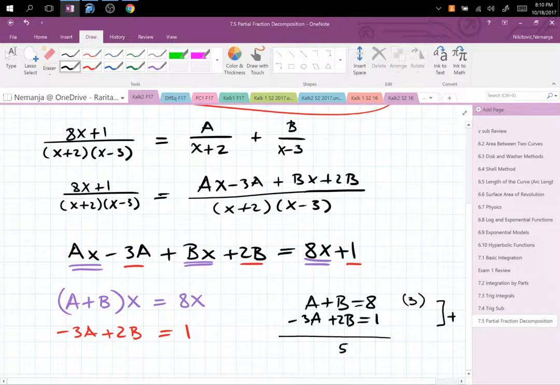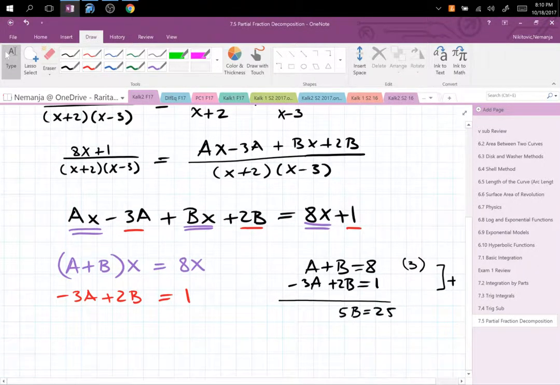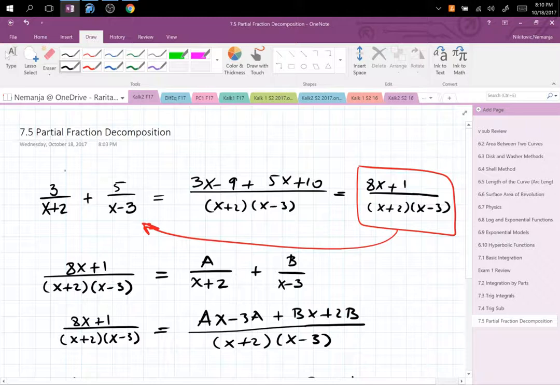So I have that 5b is equal to 25, from where b is 5. When I feed b's 5 into a plus b equals 8, I get a plus 5 equals 8, a is immediately 3. Look, a is 3, b is 5.